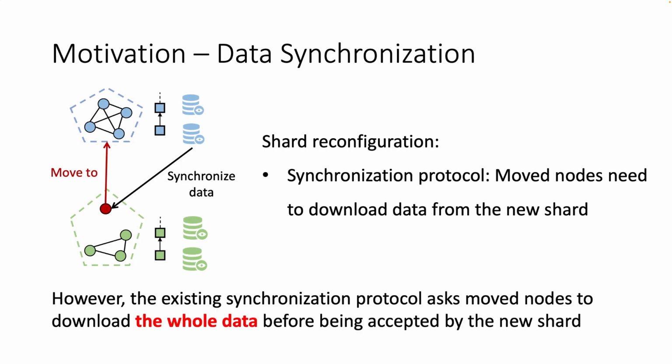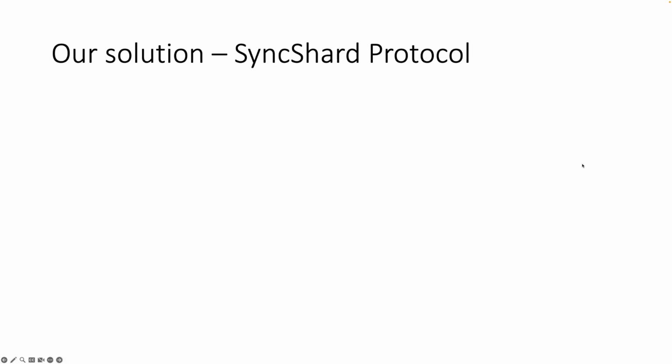However, the existing synchronization protocol asks the moved nodes to download the whole data before being accepted by the new shard, which means that only after downloading the whole data can a node start participating in verification. So here comes a question: could we design a mechanism that helps the moved nodes synchronize the data efficiently?